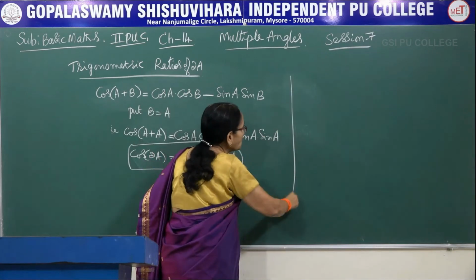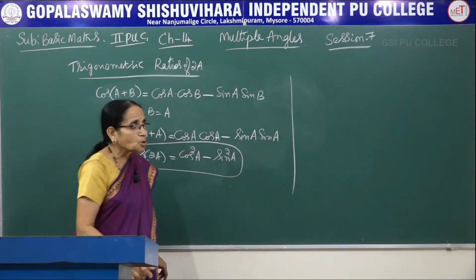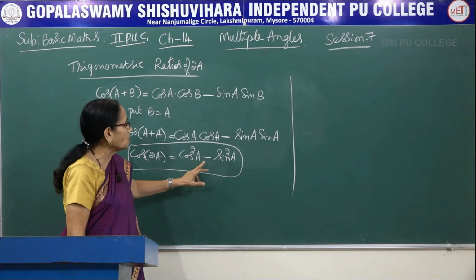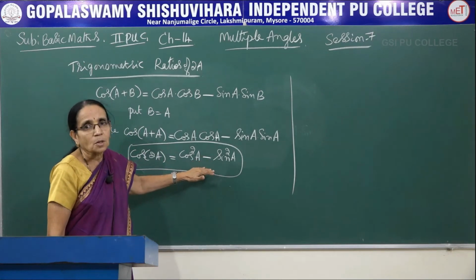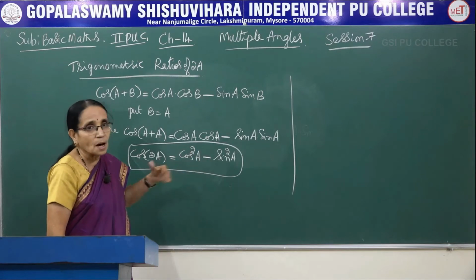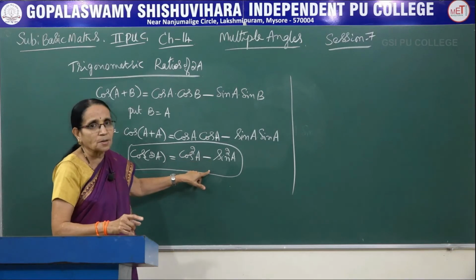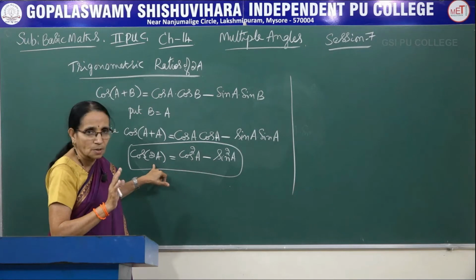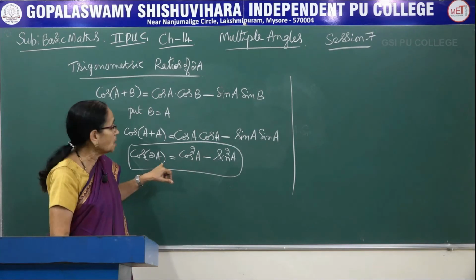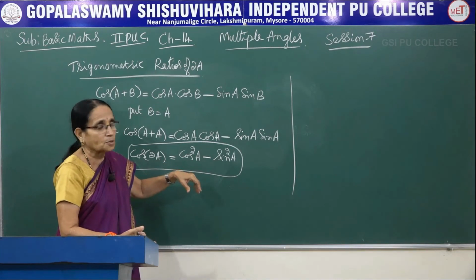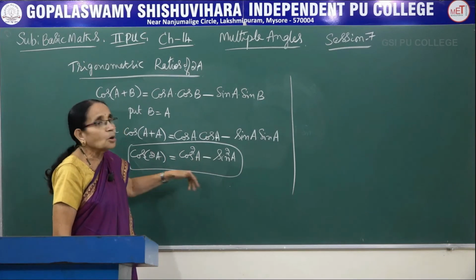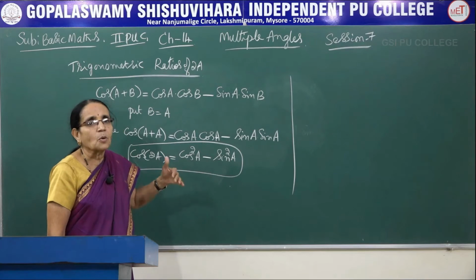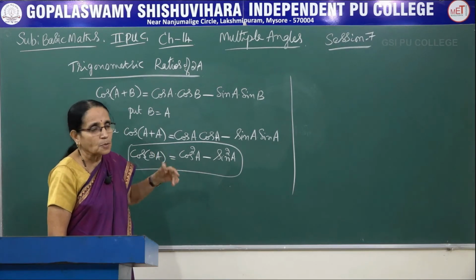See, in the examination, suppose they ask you, show that cos of 2a is equal to cos square a minus sin square a, you can stop at this stage. Now, suppose they ask you for one of the 2 more results, both of them give the value of cos of 2a in different ways. Then till then it is common. After that, you have to proceed depending upon what result has been asked in the problem.